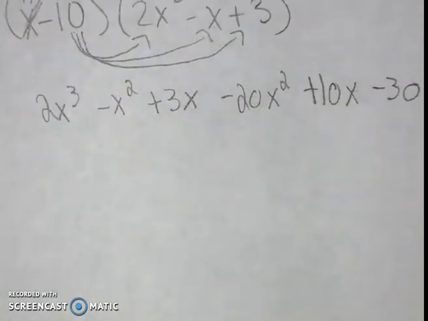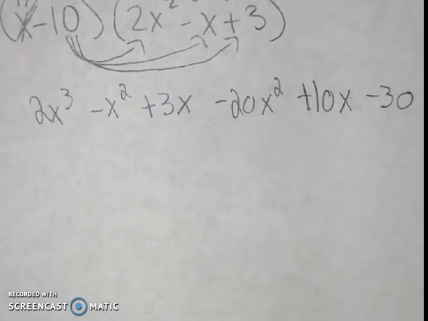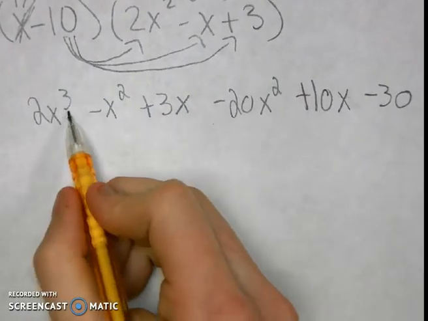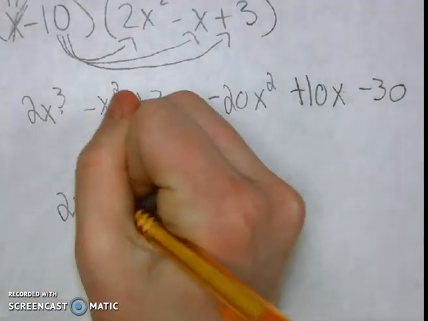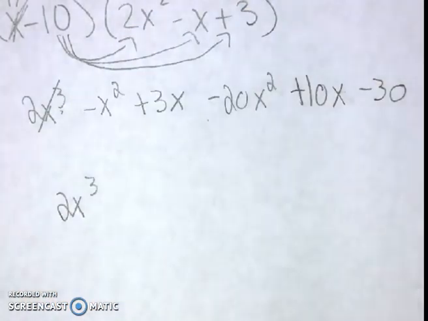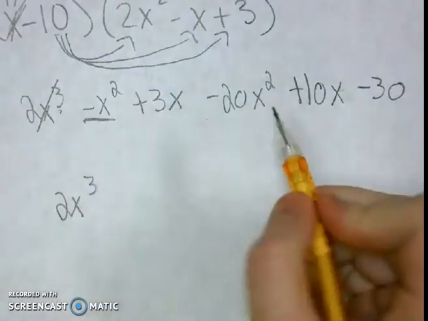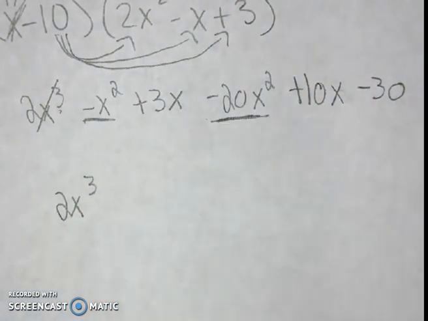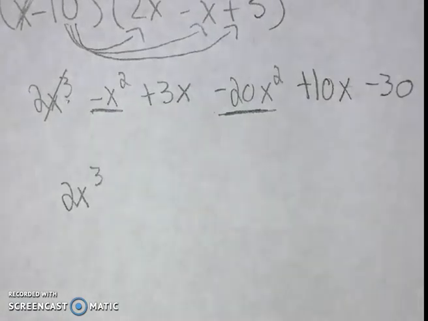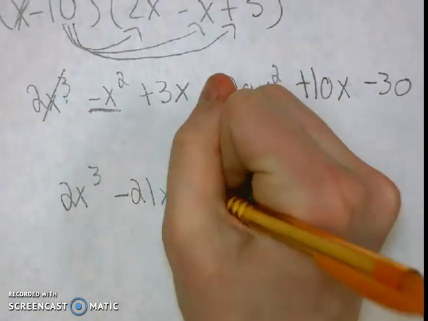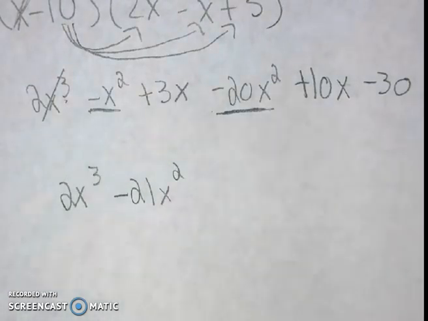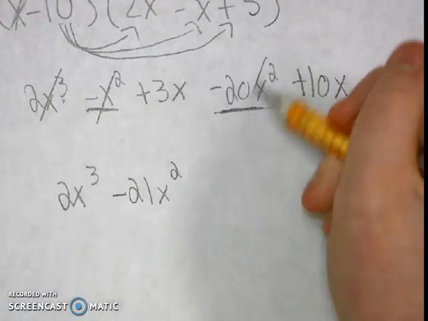Then you need to combine your like terms, so there is no 1 with the power to the 3, so you'll just rewrite that, and I'll cross it out. There's negative x squared and negative 20x squared, which will be negative 21x squared because they are both squared, so I'll cross those out.